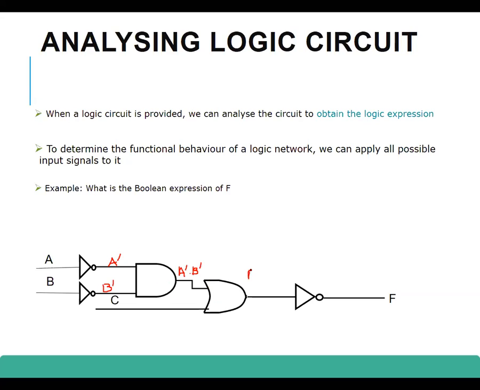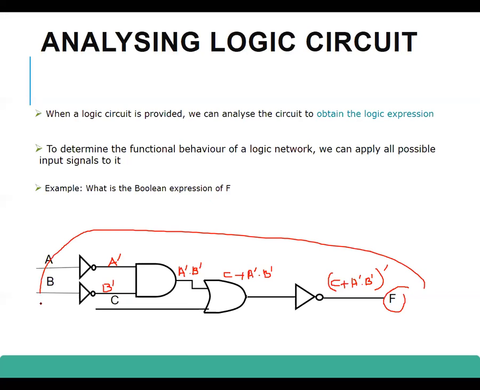So you get C OR A dash dot B dash, and then you get the NOT of this operation, the complement of C OR A dash dot B dash. That will be the function F, which is represented by this logic circuit.